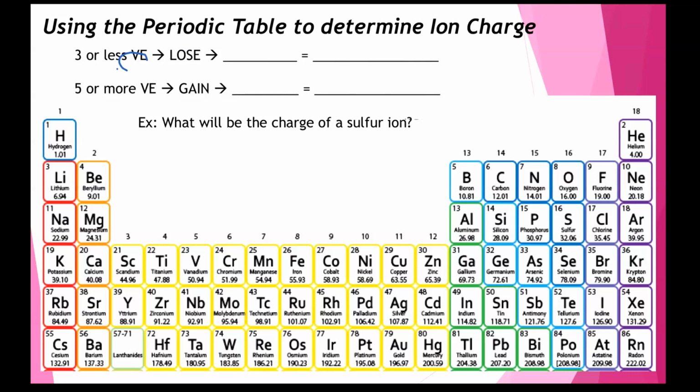They basically lose all the electrons in the outer shell, and then the next shell down becomes the valence shell. So they lose their electrons, and when they lose electrons, they now have more protons than they have electrons, so they have a positive charge. And we call these types of ions cations.